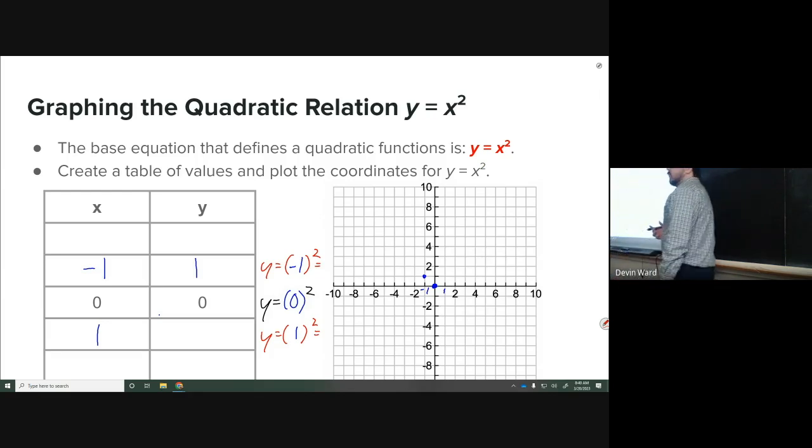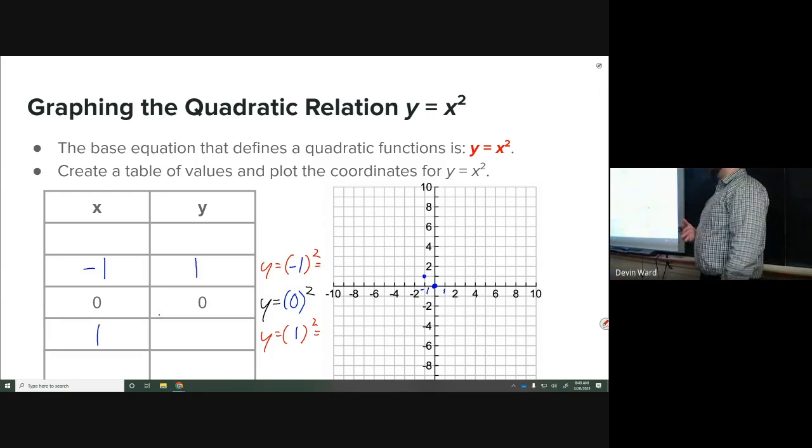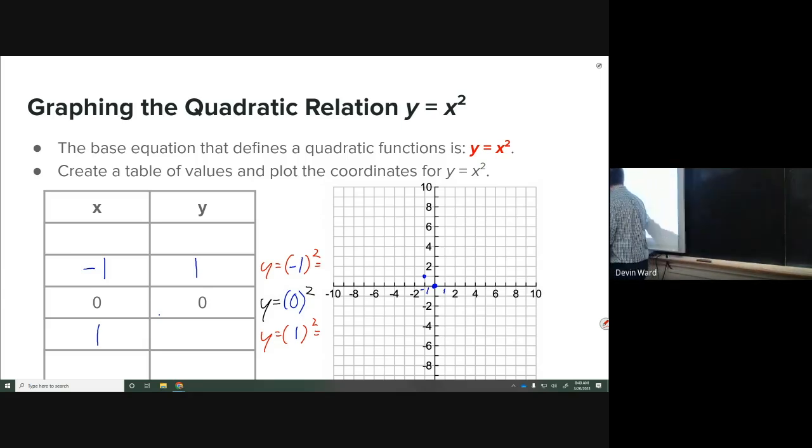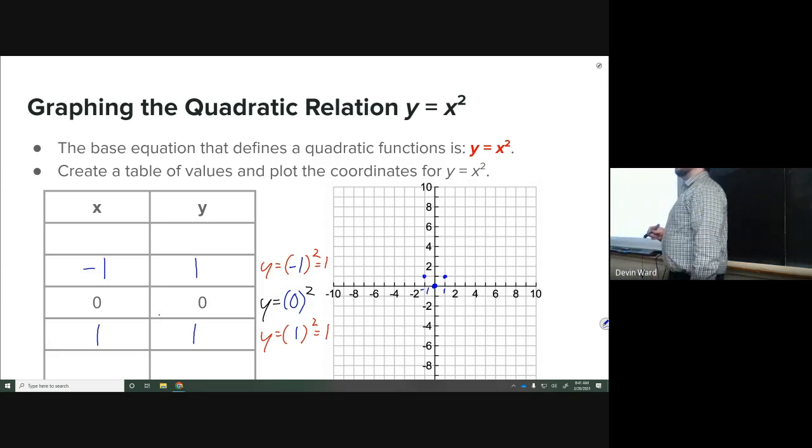And then what's 1 squared? Nope, so it'll be positive times positive, which is +1. Okay, so this one is +1, +1. So we'll go x is +1, y +1, and there's my dot right there.